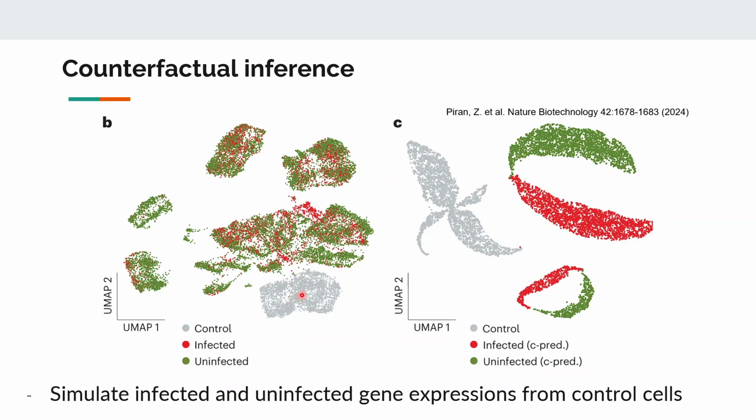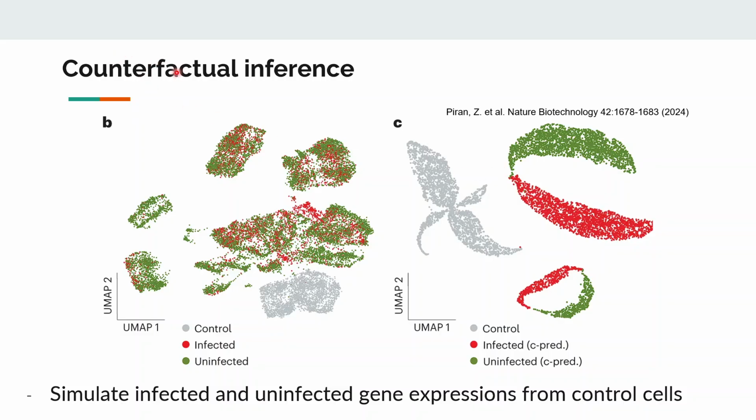So in this case, what we can do with a generative model is take these control cells, which in real life we didn't treat with anything, and treat them in silico with either the virus or the empty vector, using the model to generate what these cells would look like if they were infected.